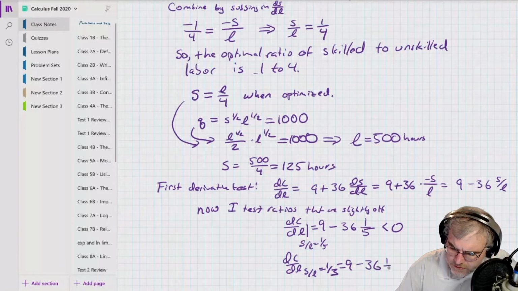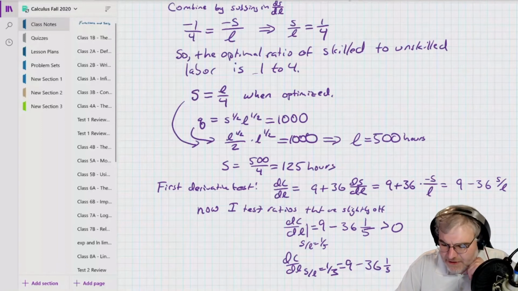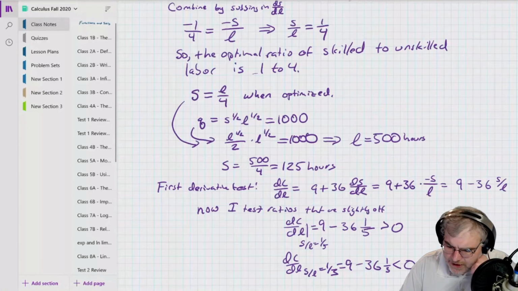Do I have that backwards? Oh, this should be greater than 0. I'm sorry. 1/5 is less than 1/4. Thank you. So I'm subtracting by something less here. I'm subtracting by something greater there. And I wind up with this, that and that there. Other way around.